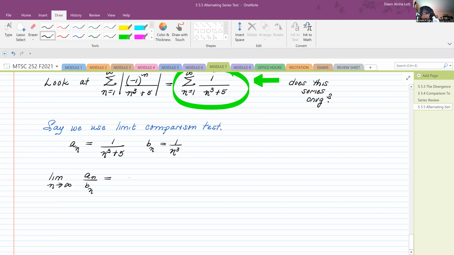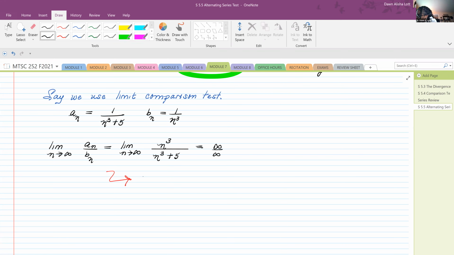So that's the limit as n approaches infinity. An over bn is going to be n cubed over n cubed plus 5. That gives me infinity over infinity. So I'm going to use L'Hopital's rule.